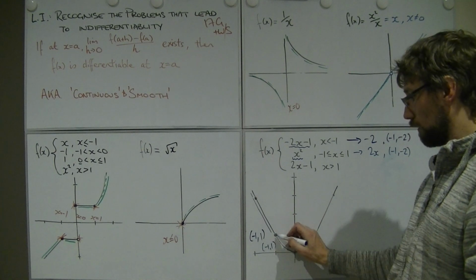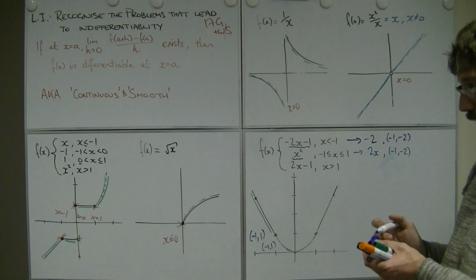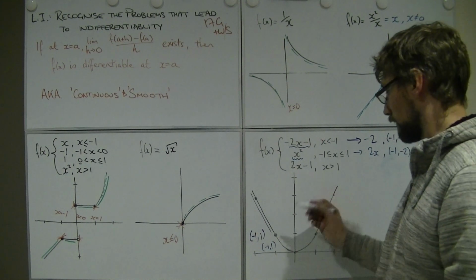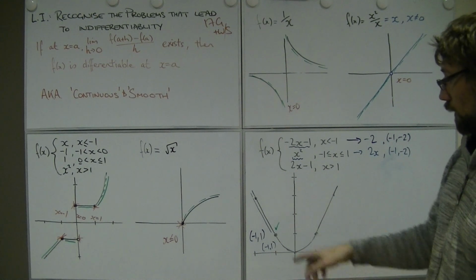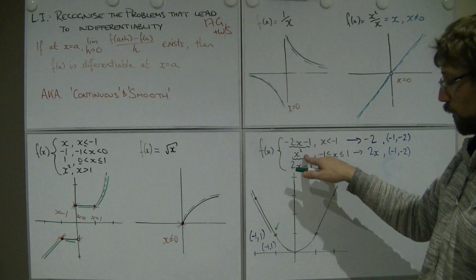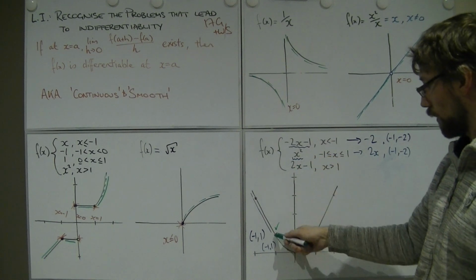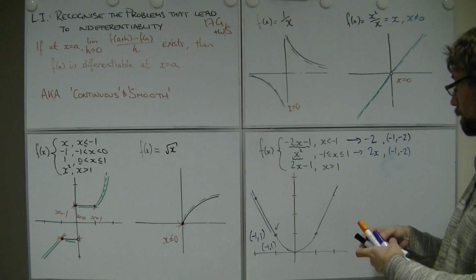So they agree on that point. They also agree on the derivative at that point. So that's totally fine. They satisfy both conditions of smoothness and continuity. Cool, that's fine. We turn through here, that's x squared. We know that's differentiable, so that's fine. So that's all fine. What about this other transition point?